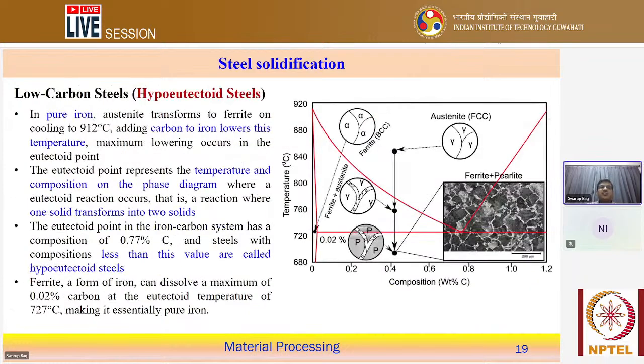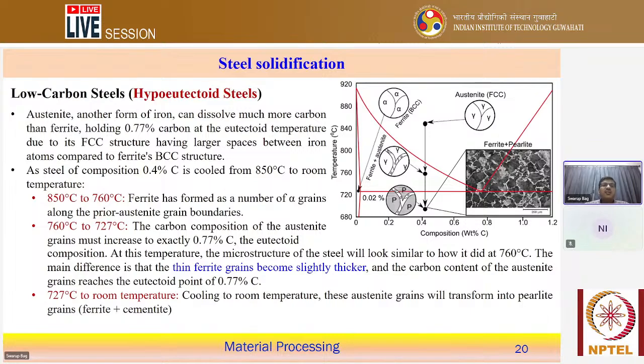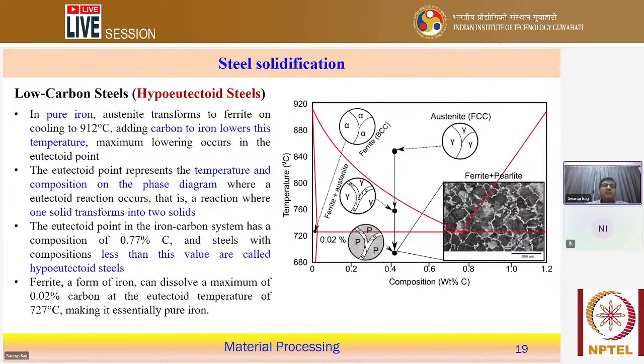Similarly, in low carbon steel we can find hypoeutectoid steel. That means in this case the carbon percentage is less than the eutectoid steel composition, that is less than 0.778% of carbon. Any composition below 0.778% will create hypoeutectoid steel.